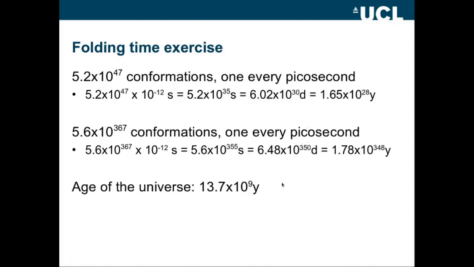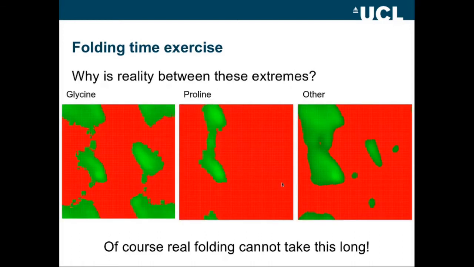Now, I also asked you to think about the Ramachandran plot and the reality being between these two extremes, because obviously just sampling 3 conformations for each amino acid is a bit of an oversimplification, but sampling every 5 degrees is probably too much.